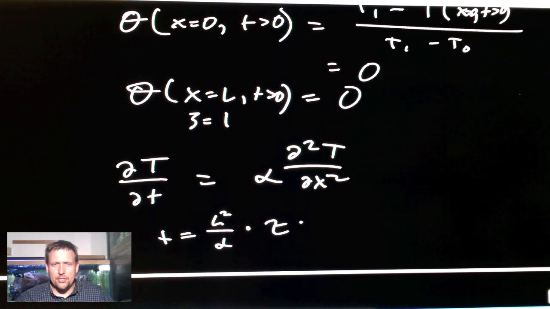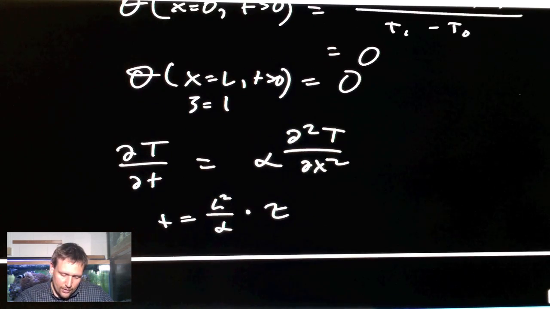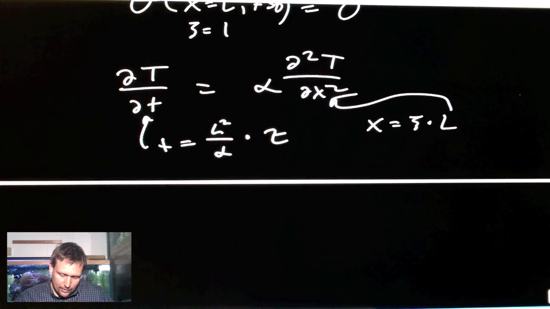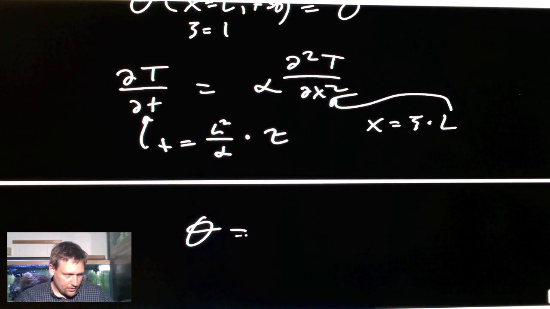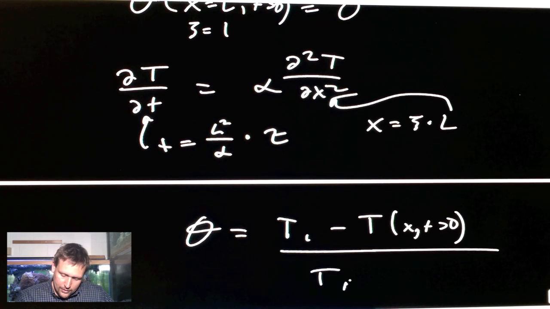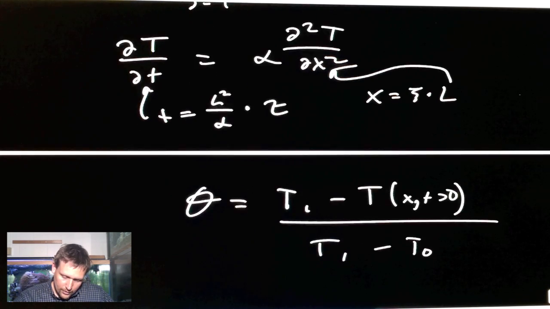I just flipped around the equation we had earlier where we defined tau as our dimensionless time. Substitute that in here. Now x is going to be equal to psi times L. Substitute this one in here. And we'll substitute in theta equals T1 minus T at position x, t greater than 0, divided by T1 minus T0 for our temperature.